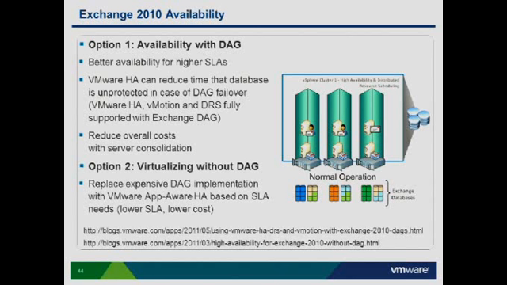I think their limit was about 500 gigs for their databases. They can have that database restored in about 15 minutes. So they evaluated all that, and they realized we can go the DAG route, but obviously we're going to need twice the amount of storage and twice the number of servers. So for them, that worked.